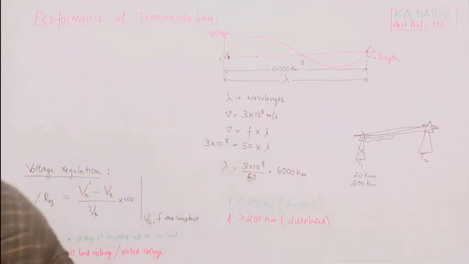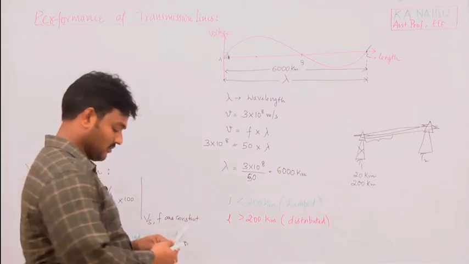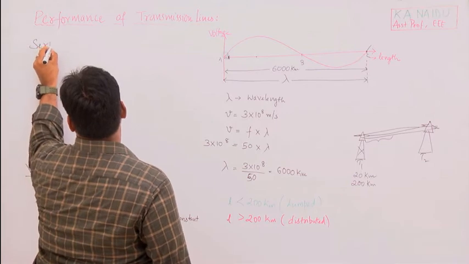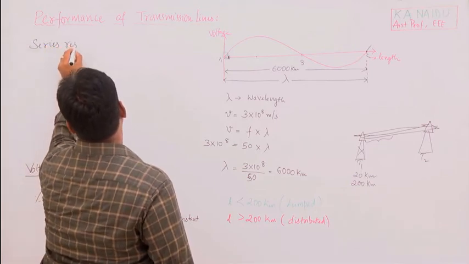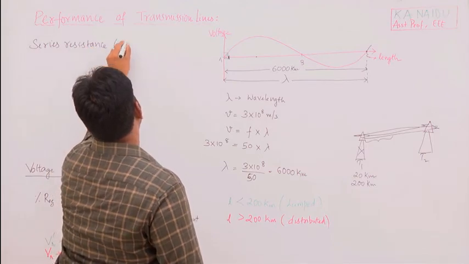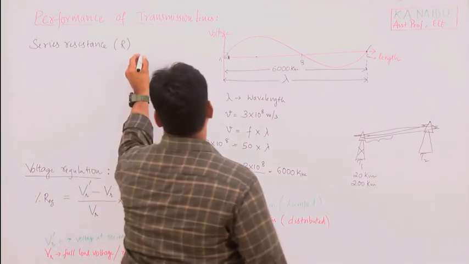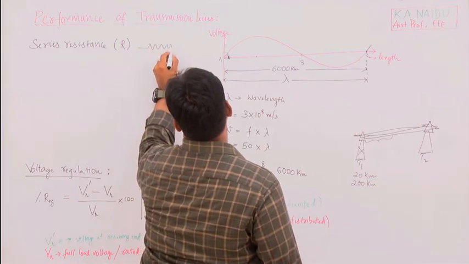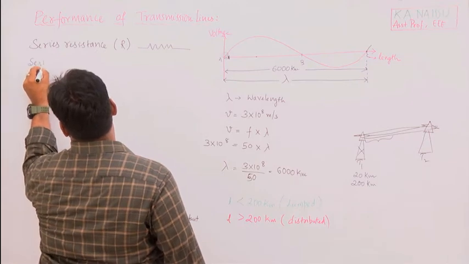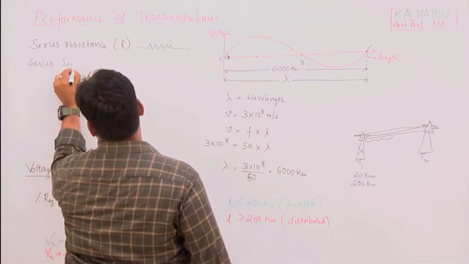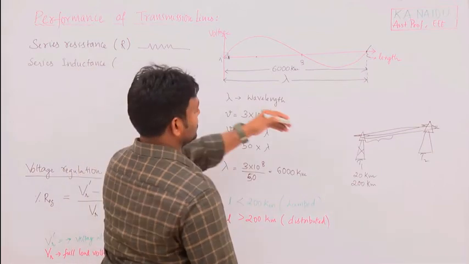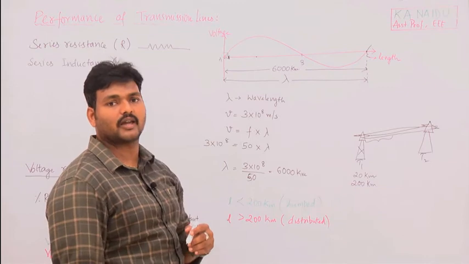One is the series resistance, R, which is given by rho L by A. Another parameter is series inductance, which is due to the magnetic flux linkages between the conductors that are carrying current.